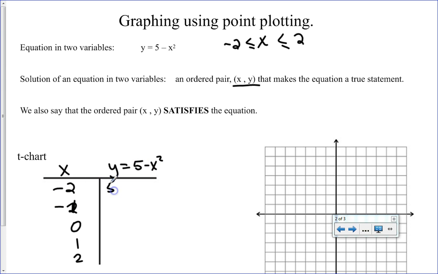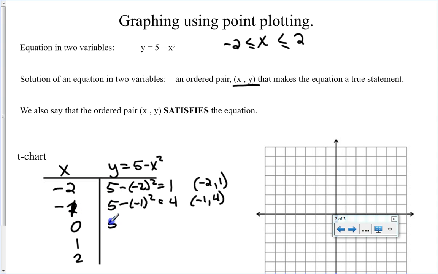So 5 minus -2 squared is 1. So my ordered pair here would be -2 and 1. 5 minus -1 squared is a 4. So it would be -1 and 4 is my ordered pair. Once again, this is a 1.